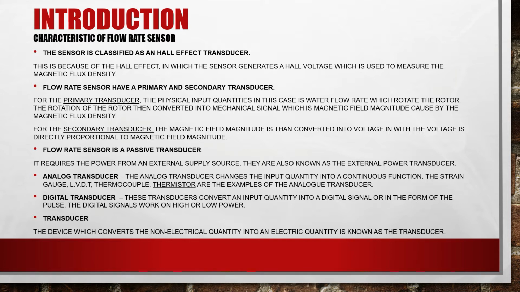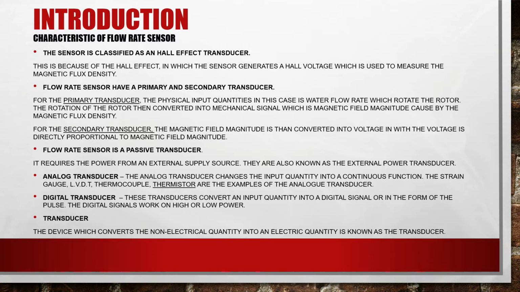Why? This is because the flow rate sensor is constructed from two types of transducer. For the primary and secondary transducer processes, we all know that the primary transducer converts a physical quantity into a mechanical signal, and the secondary transducer converts the mechanical signal to a corresponding electrical signal.